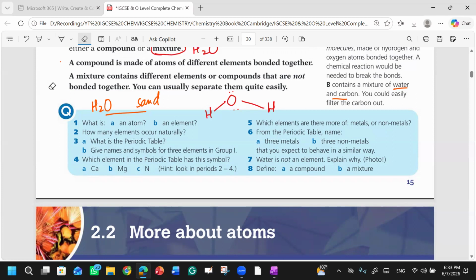Yes, that is a simple definition. But according to this, elements will be combined but not bonded. You are just mixing 2 or more elements or 2 or more compounds.